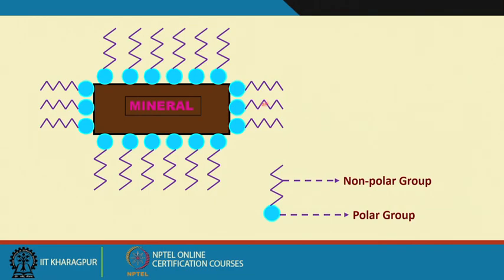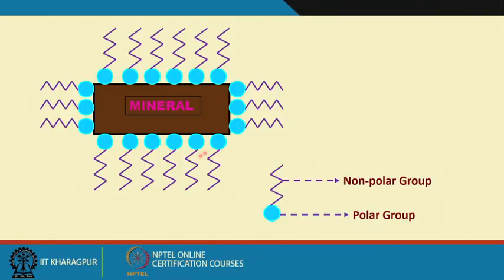Now, it is also evident from the previous figure that the collector should be optimally added. That means the dose, how much of that collector. You may have chosen the right kind of chemical to be used as a collector for a particular ore to make the surfaces hydrophobic.